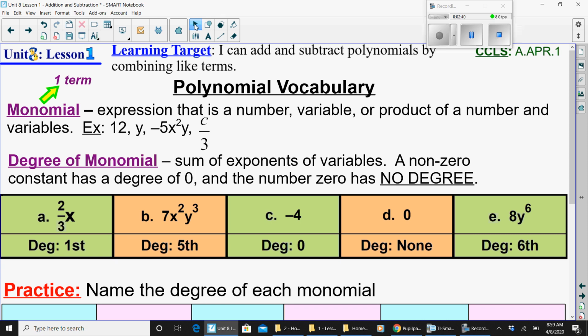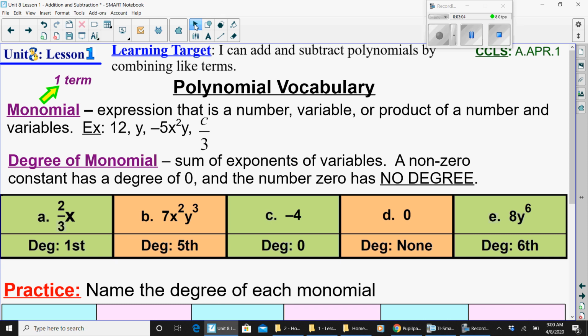The degree of a monomial is the sum of the exponents of the variables. All right, so just remember, you're not talking about regular numbers, you're talking about the sum of the exponents of the variables. A non-zero constant has a degree of 0, and the number 0 has no degree.